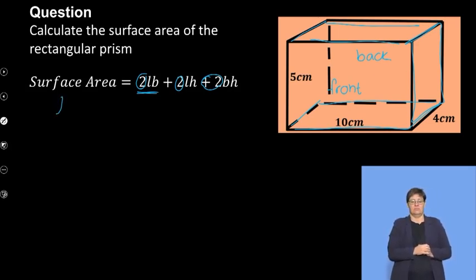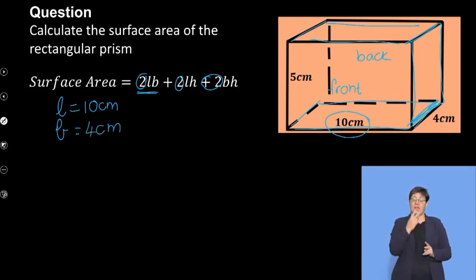So I'm first going to write what my length is. I can see that my length is 10 centimeters. So I am going to fill that in. Then I'm going to identify what my breadth is. My breadth is 4 centimeters. Then I'm going to establish what my height is.